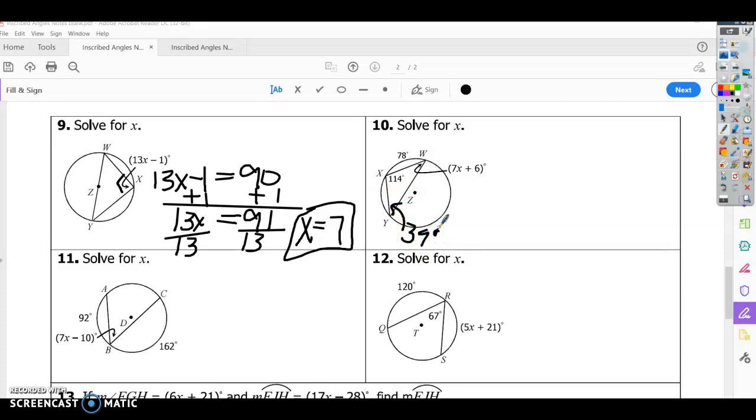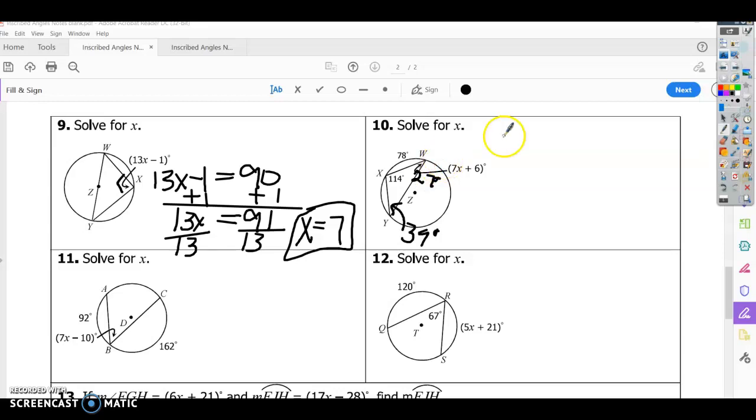Now I also know that a triangle has to equal 180 degrees. So if I do 180 minus 114 and minus 39, that's going to give me this angle here. And I know that this angle is 27 degrees. All right, so you have to know facts about triangles as well as circles for this one.